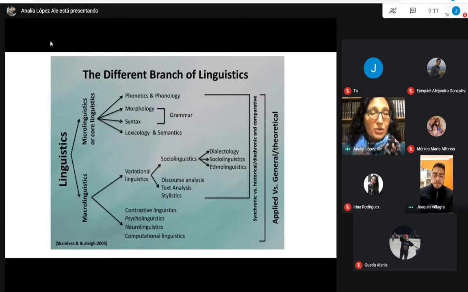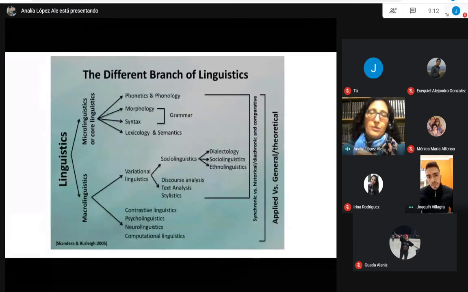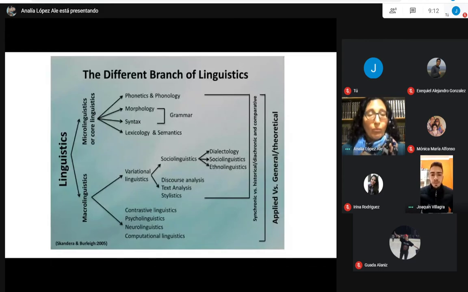So my question for today to start is, which branches deal with competence and which ones deal with performance? Remember that dichotomy, competence, performance? Microlinguistics, so the one of phonetics, morphology, syntax, is concerned with competence. Very good. Macrolinguistics is with performance.